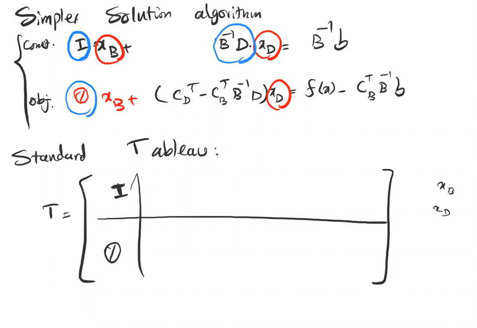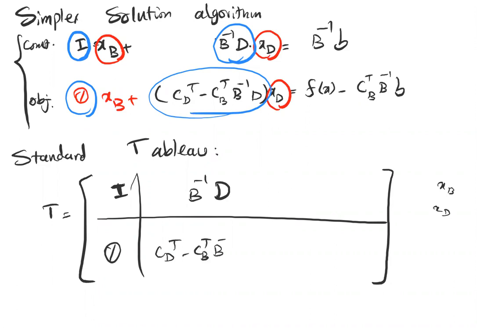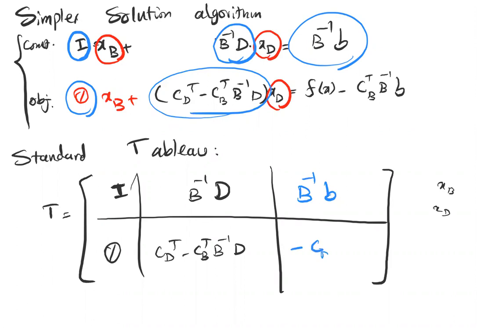We have B inverse D here. Here we have CD transpose minus CB transpose B inverse D. And at the other side, we have B inverse b and minus CB transpose B inverse b.